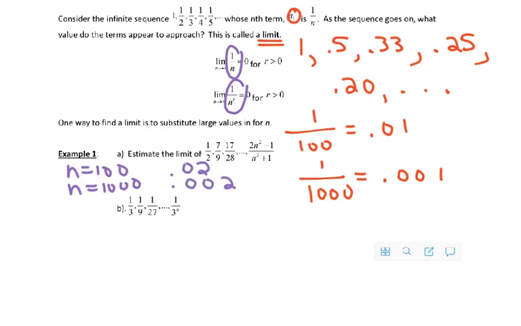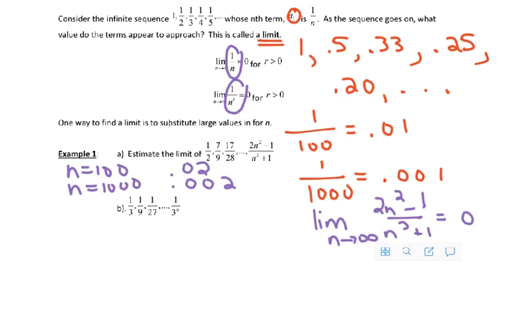So I bet if I put in 10,000, I probably get 0.0002. But you can tell as I put in larger and larger numbers for n, the output got smaller and smaller, which means that it's approaching 0. So we say the limit as n approaches infinity, that's how this is pronounced, of 2n squared minus 1 over n cubed plus 1 is 0.